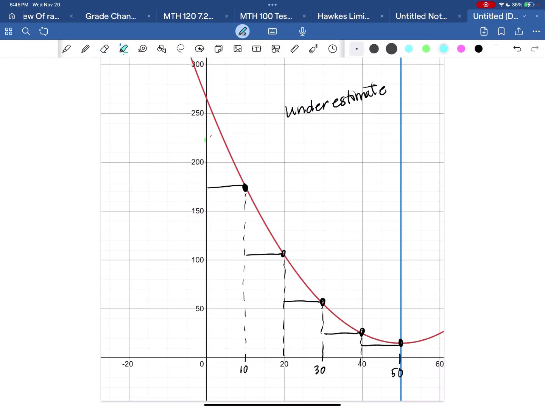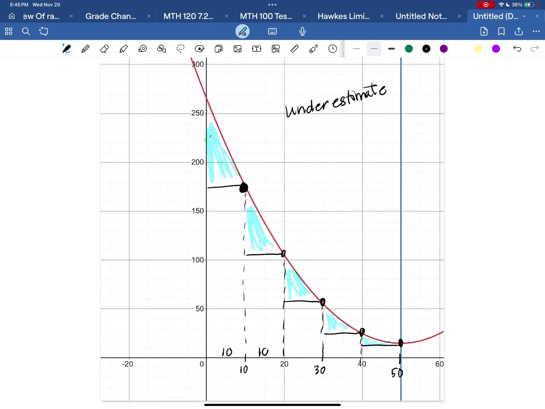Because look, we're missing this area, this area, this area, this area, and this little area. Because we're just doing base times height, or length times width. Our width is 10, and our height is whatever this distance is up to this right endpoint.